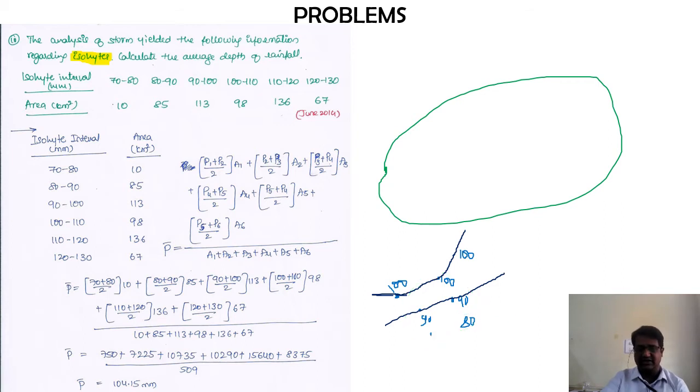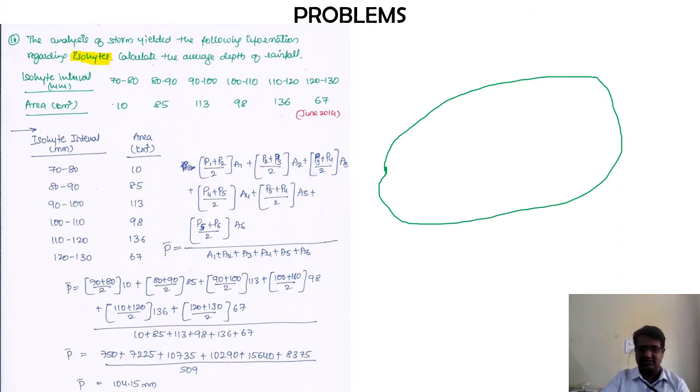Okay, now keeping this in mind, if I come to this problem, what they have given and what they have asked. If you check out, they have given us the isohyetal range in terms of millimeters and the effective area, or else the area between these isohyets. What this is indicating is something like this.